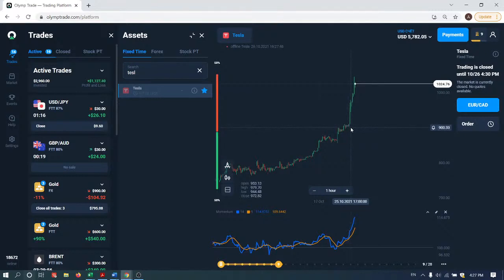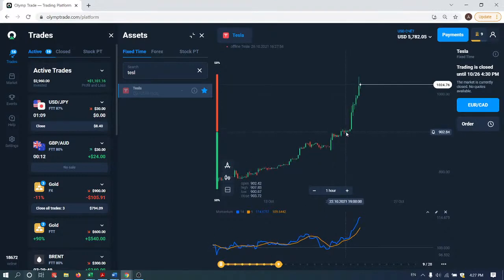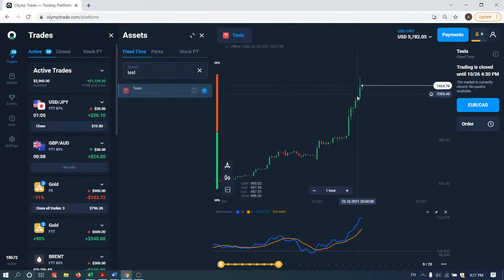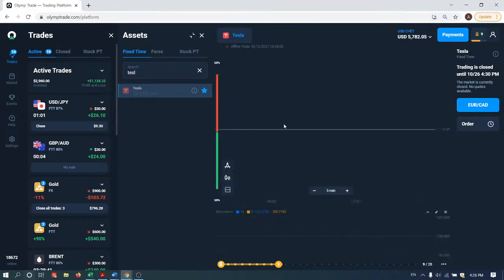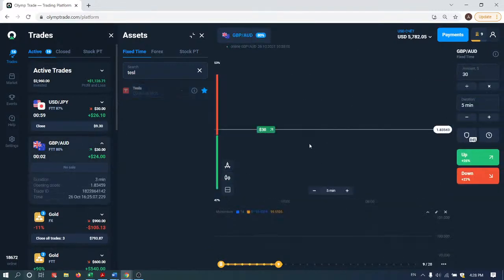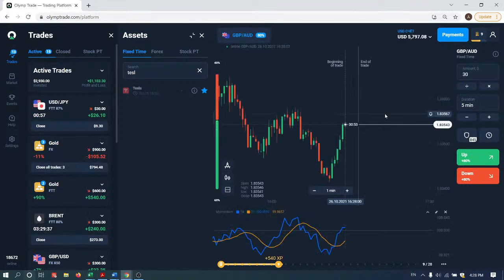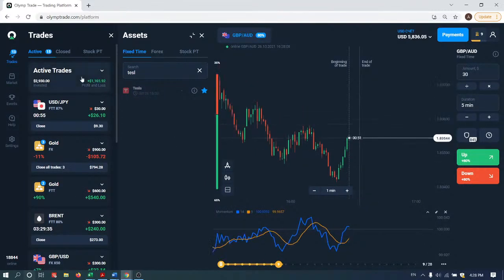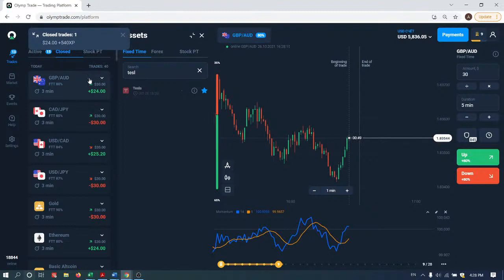And when the price broke above the 900 level, that pretty much opened a big road for the price to go up. There was no resistance anymore. And now $1,000 just passed easily. All right, GBP AUD closing with profits.